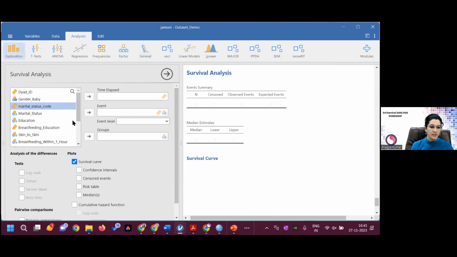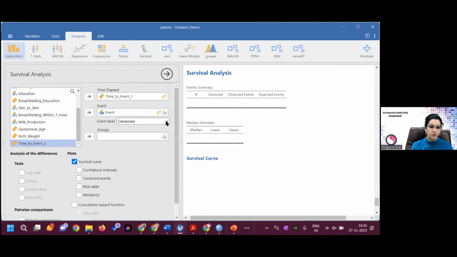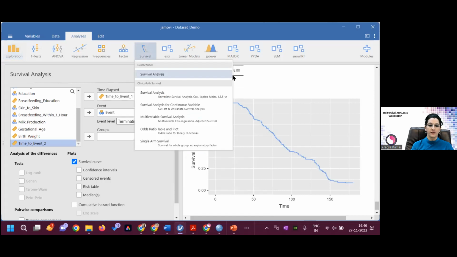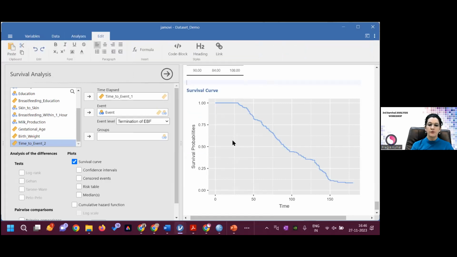So here I will enter the time elapsed. The event is here. You have all done this, that's why I'm doing it fast. Termination. Even if you don't enter groups here, it will give you the overall survival. So in this survival module, you get an overall survival also.